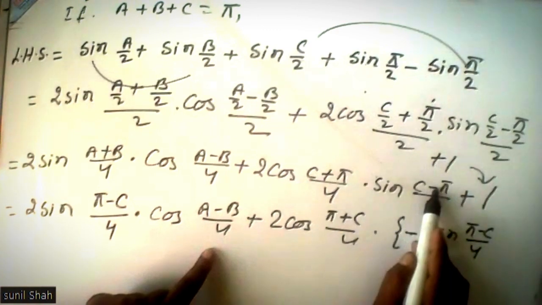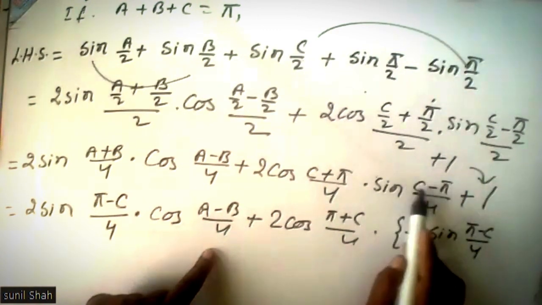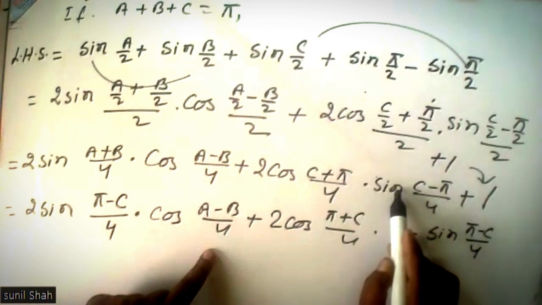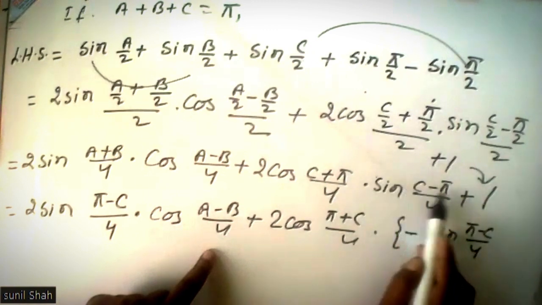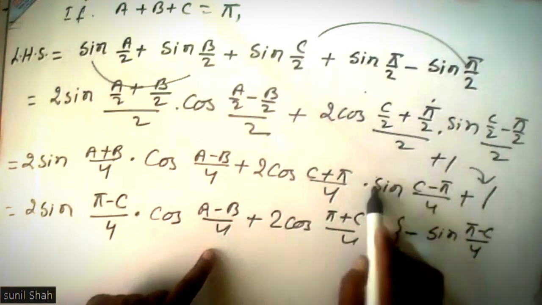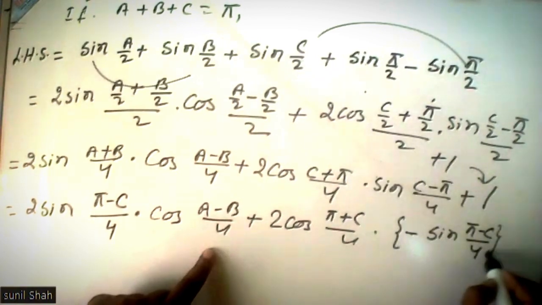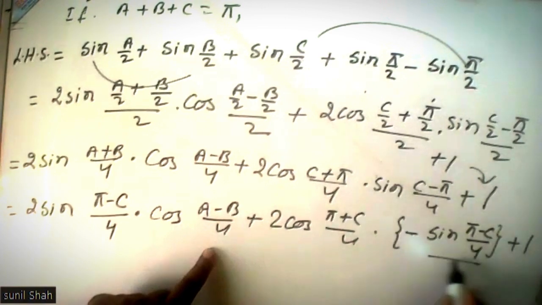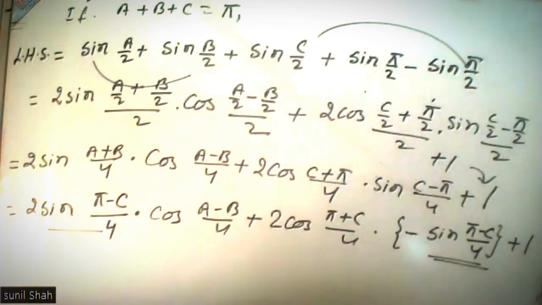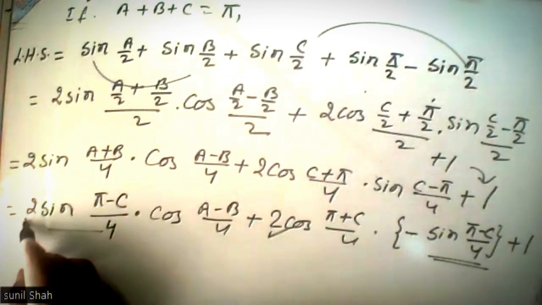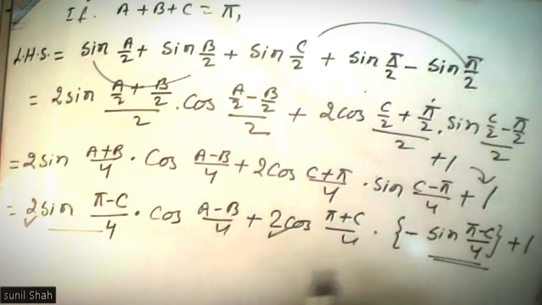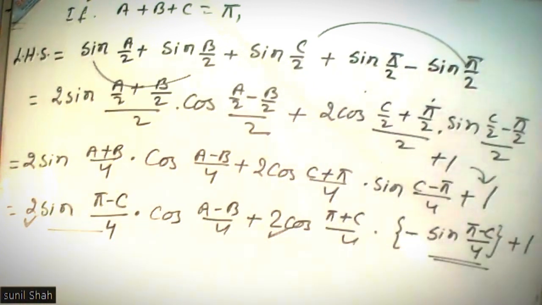When we take minus common, then it will be minus times (pi minus C), so sine of minus (pi minus C) by 4. Sine minus theta is minus sine theta. So minus sine (pi minus C)/4 and plus 1. We take this as common, and 2 is also taken common.